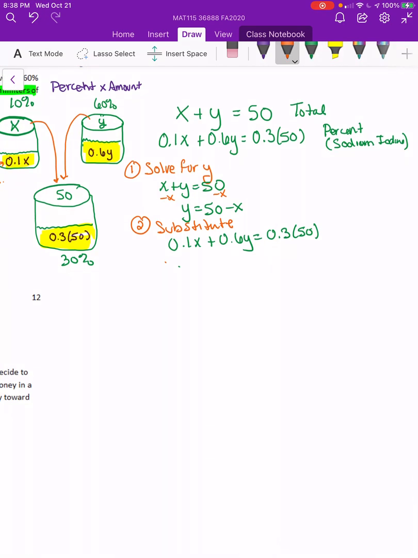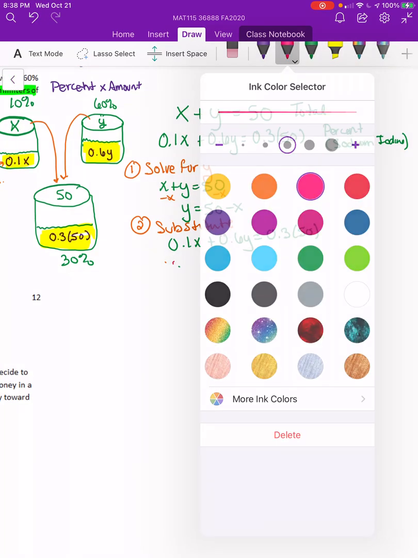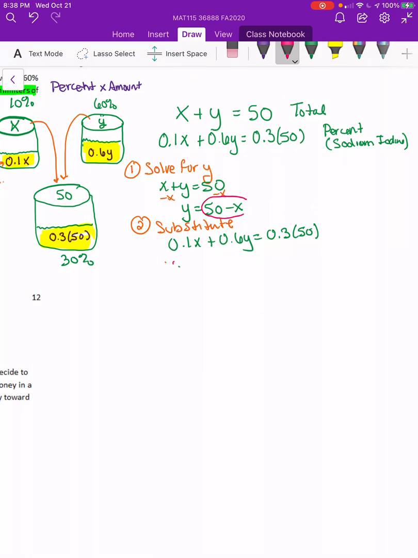So we're going to substitute. That means we're going to take this expression and put it in for y. So we'll have 0.1x plus 0.6, but instead of y, I'm going to write 50 minus x. And you can multiply out 0.3 times 50, and that's going to be 15.